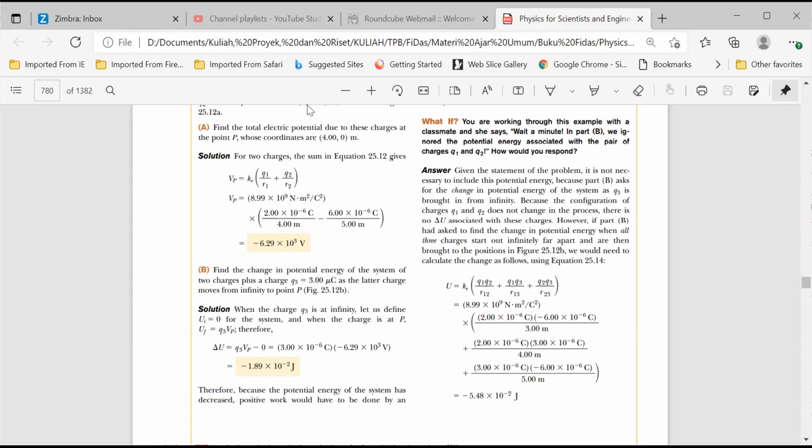So we will get that the potential energy difference should be minus 1.89 times 10 to the minus 2 joule.